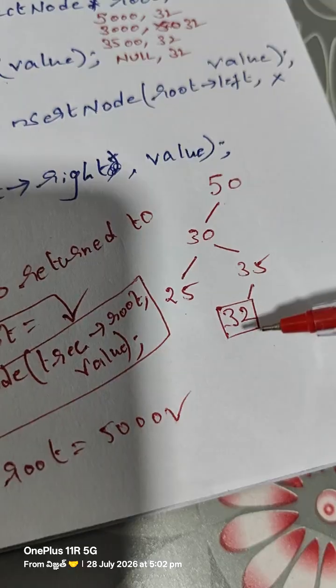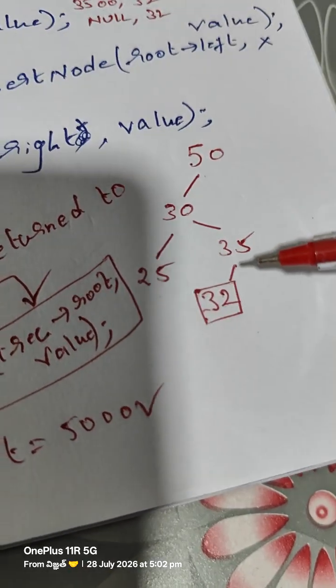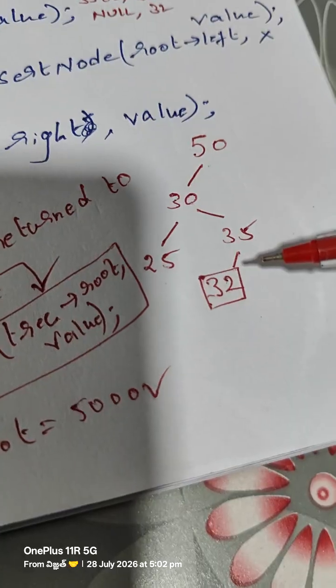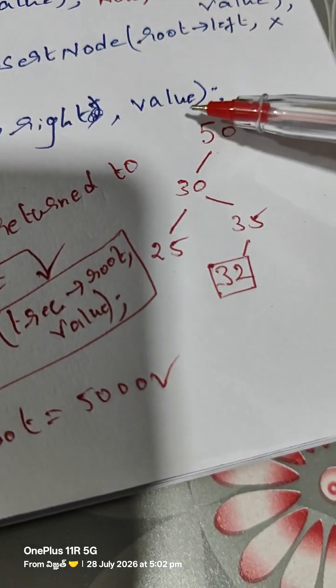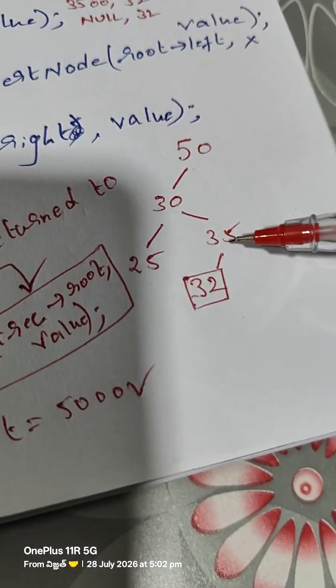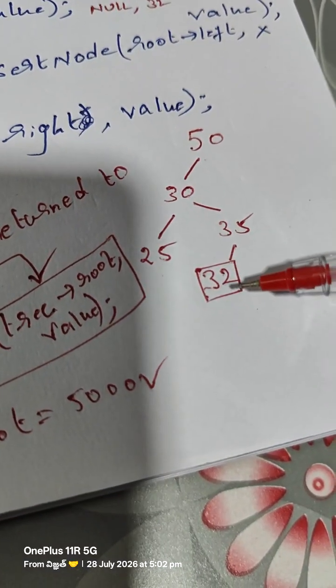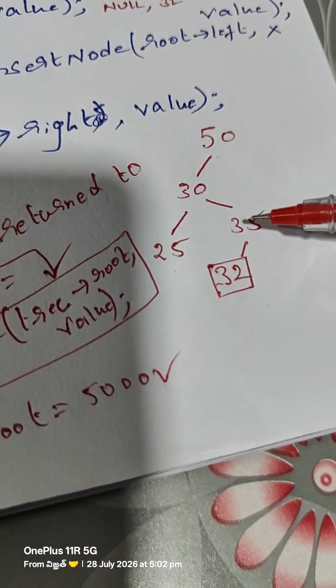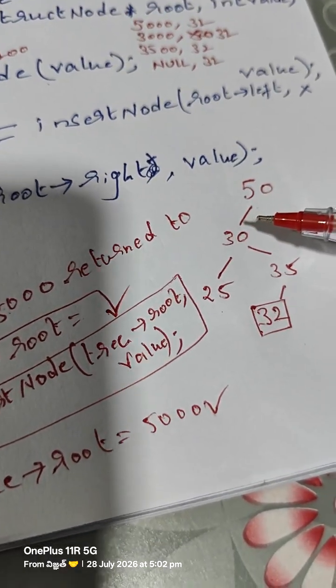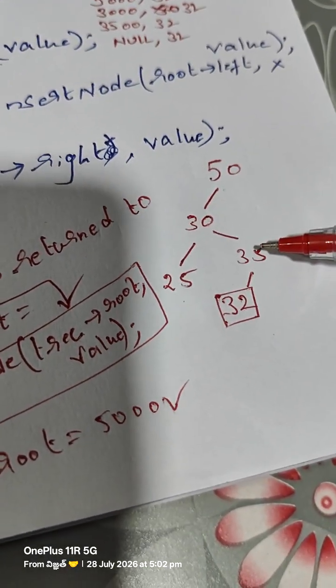So again you insert 32 on the right side of 30. Now coming to 35. Actually insertion has been started from here, and right now we are here. At 35, where does 32 have to be inserted? Towards the left of 35. Again we need to insert 32 towards the left of 35.